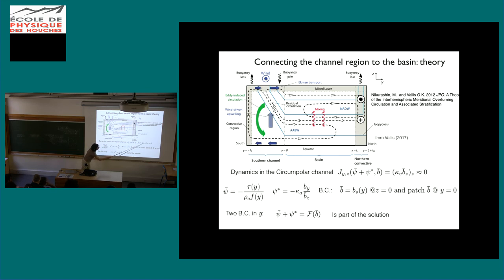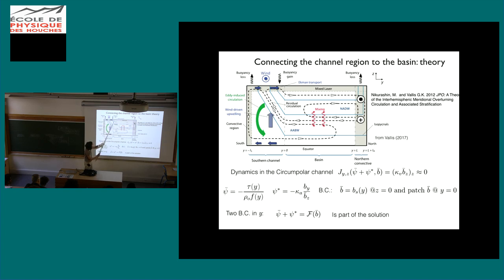That is quasi-adiabatic, so the advection of the mean buoyancy by the residual circulation is approximately 0. And again, I repeat the definitions of the mean and eddy stream function, using the Gent and McWilliams prescription. And then for boundary conditions, you know the surface buoyancy at z equals 0.